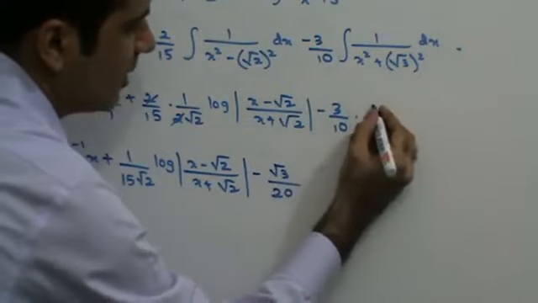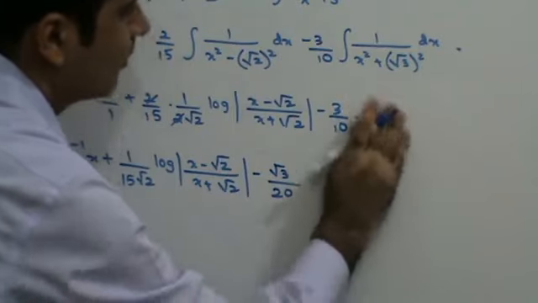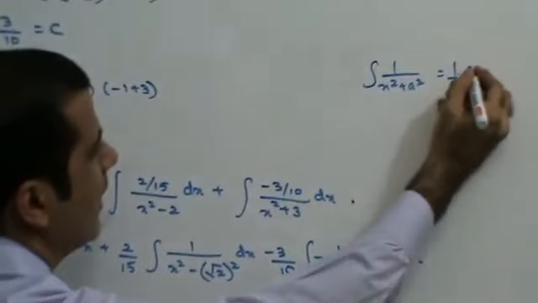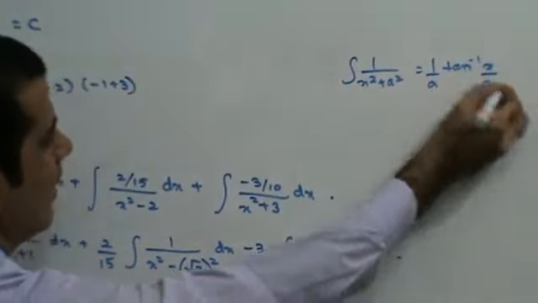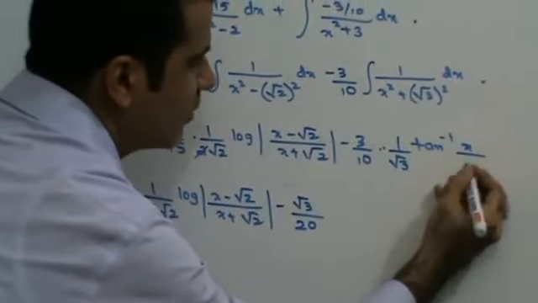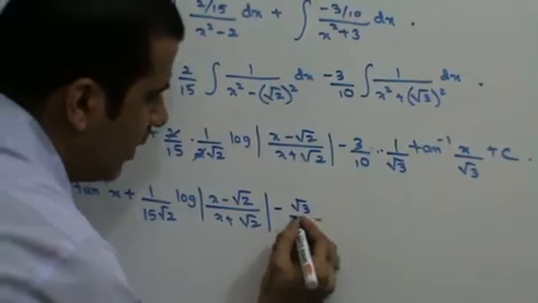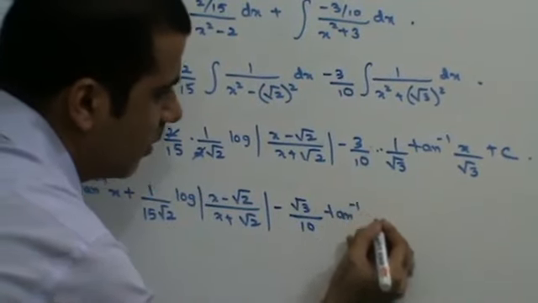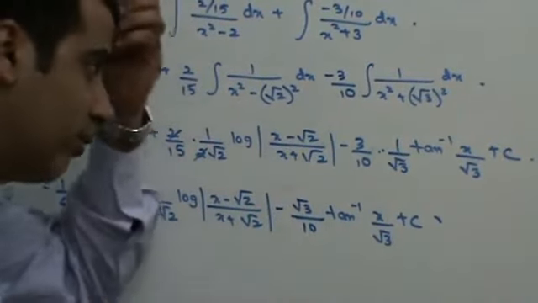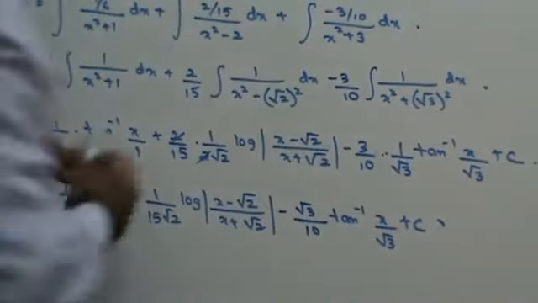So this is going to be 1 upon a tan inverse of x by a plus c. So this is going to be root 3 by 10 tan inverse of x by root 3 plus c, right? That formula was for a square minus x square. I read it wrong. So let's move on to the next sum, guys.